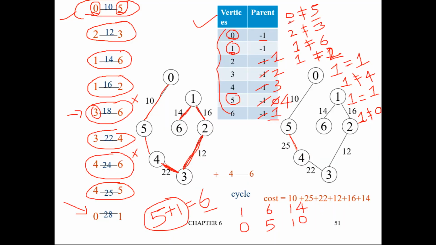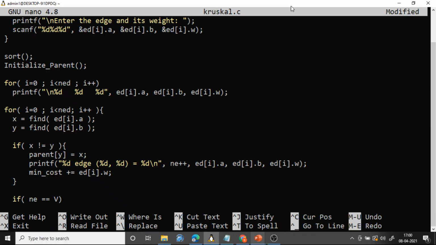If x is not equal to y, that edge should be added to the spanning tree, and you also have to make parent of y equal to x. Here adding to spanning tree means we are just displaying that this is one of the edges in the spanning tree.